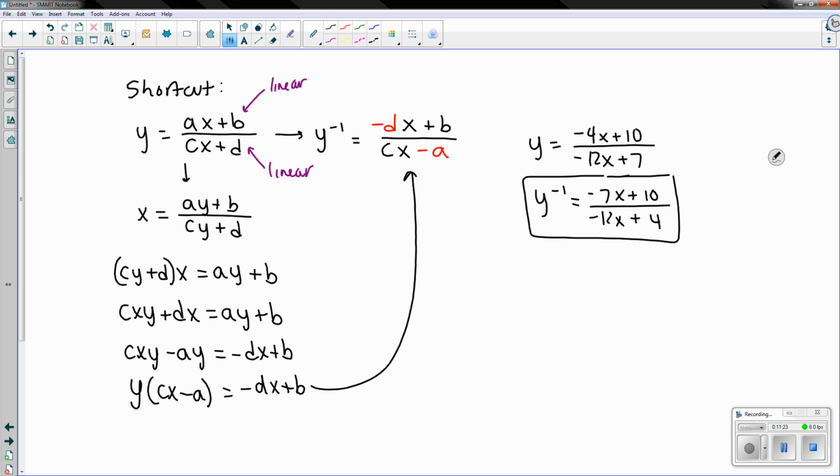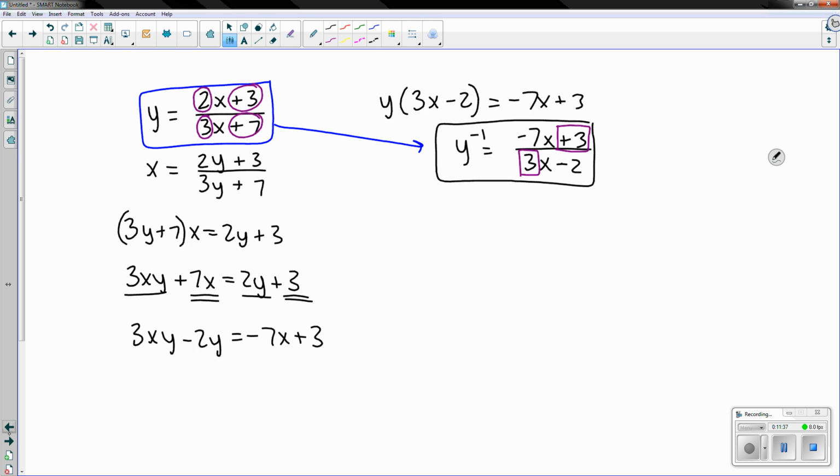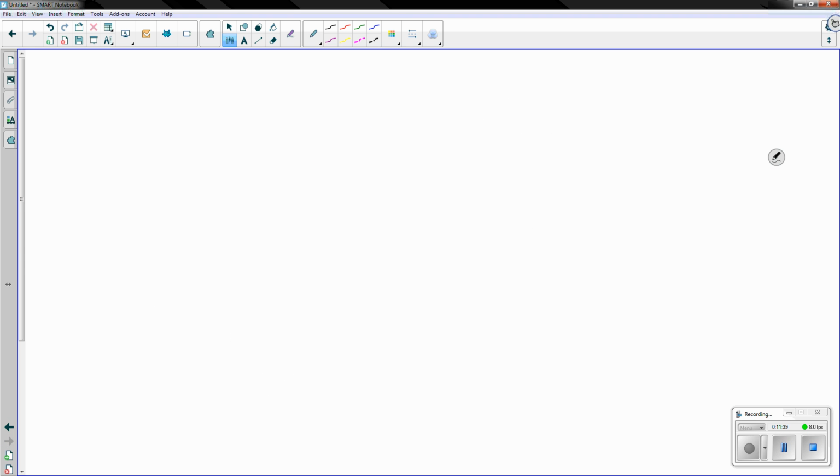So a nice little shortcut there, and you'll notice that all the examples we did in this video had linear or constant expressions in the positions of the numerator and denominator. So we know by definition our rational functions are a ratio of two polynomials.